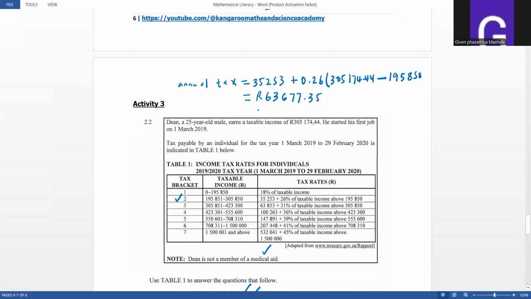The monthly tax is just 63,677 rand 35 cents divided by 12, which is 5,306 rand and 45 cents. So this is the answer.